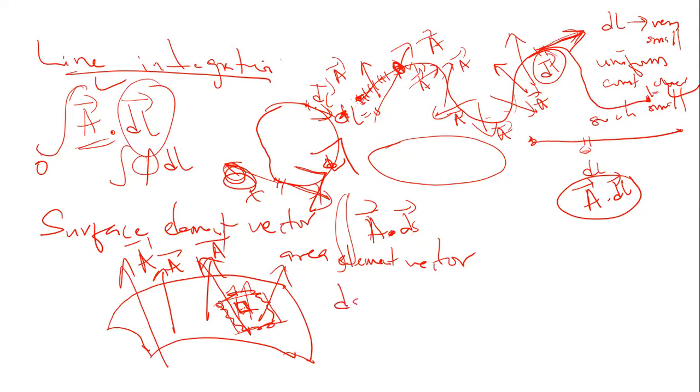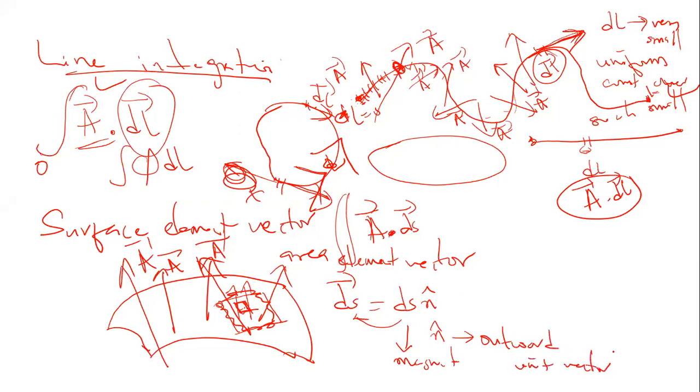Area vector ds vector is for any surface expressed like this. ds is the magnitude of this area vector, the infinitesimally small area magnitude, and we consider unit vector n cap. N cap out here is what we now call an outward unit vector, outward unit vector normal to ds.